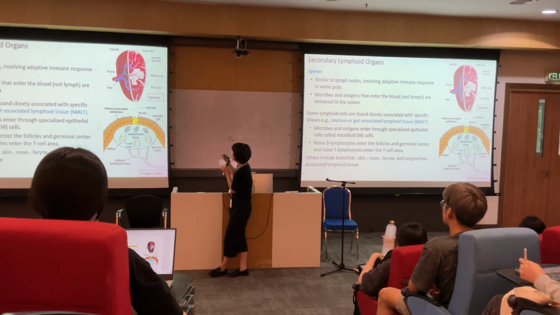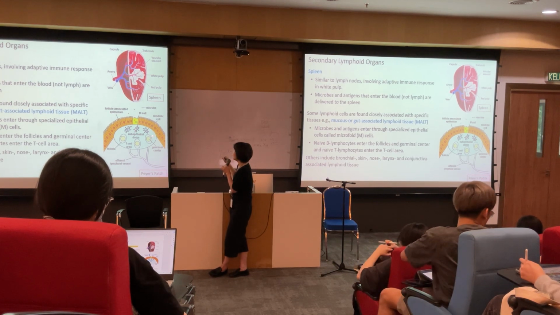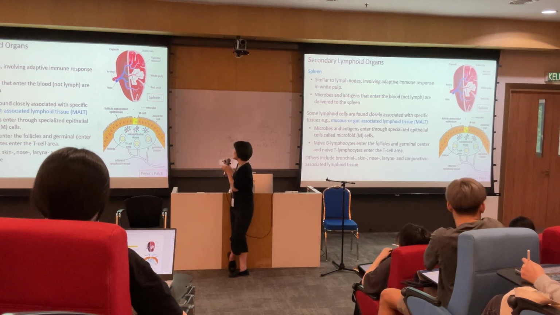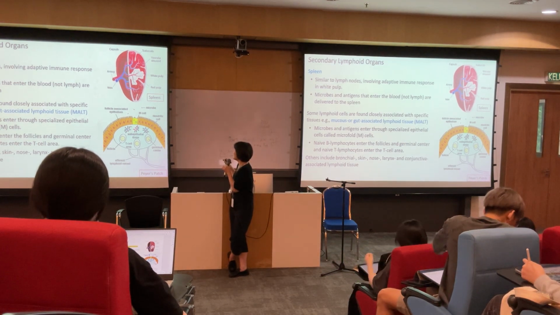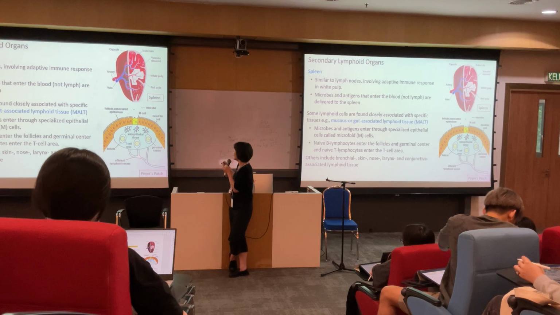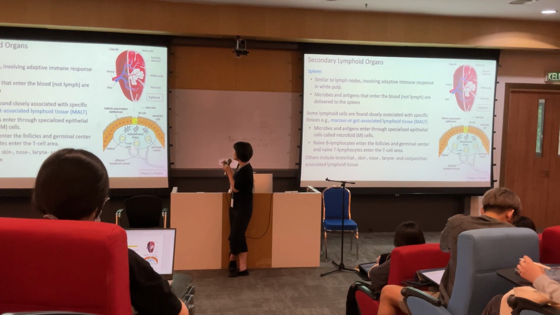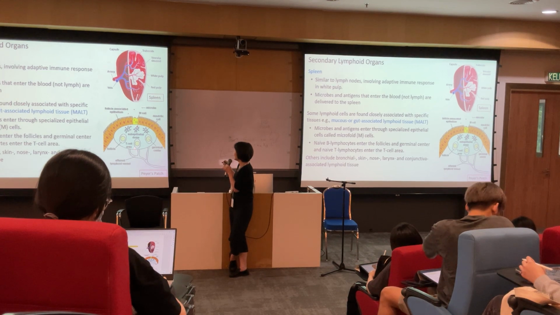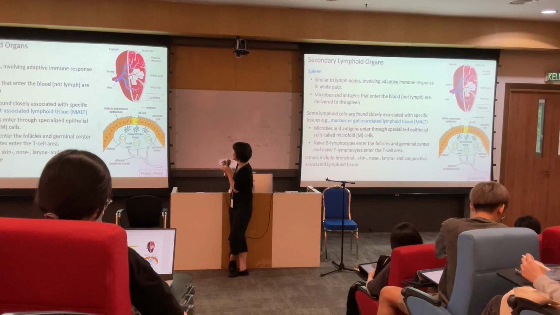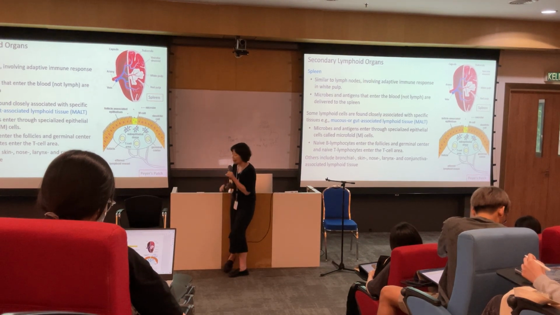So the microbe is easily captured here and transported. There are a lot of phagocytic dendritic cells waiting here for them to come. When they come, the dendritic cells immediately engulf them and bring them into the follicle, where they encounter the B cells, or they bring them to the T cell regions, where they interact with T cells, and the T cells and B cells will be activated. All right, this is another secondary lymphoid organ.